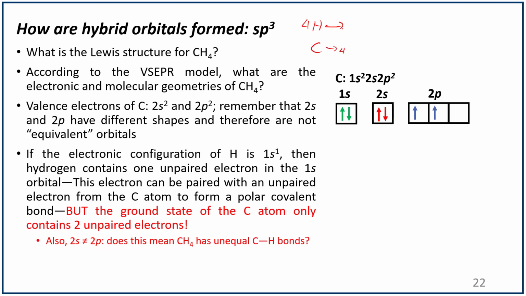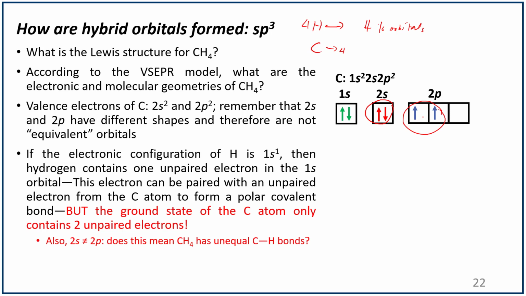For hydrogen, that's just 1s orbitals. Now for carbon, it has 4 valence electrons, in particular at 2s and 2p. 2 of those valence electrons are in 2s and 2 of them are in 2p.